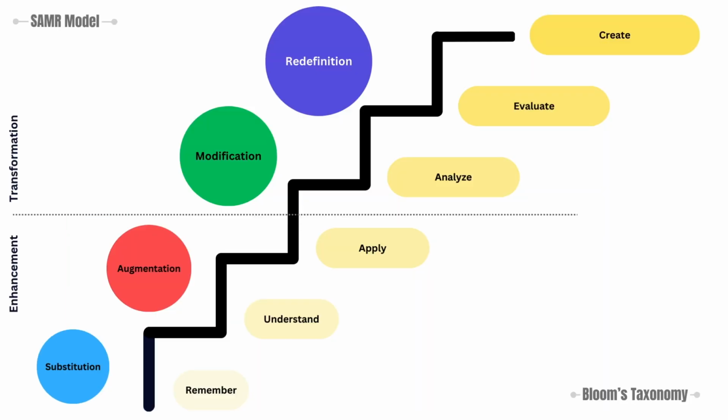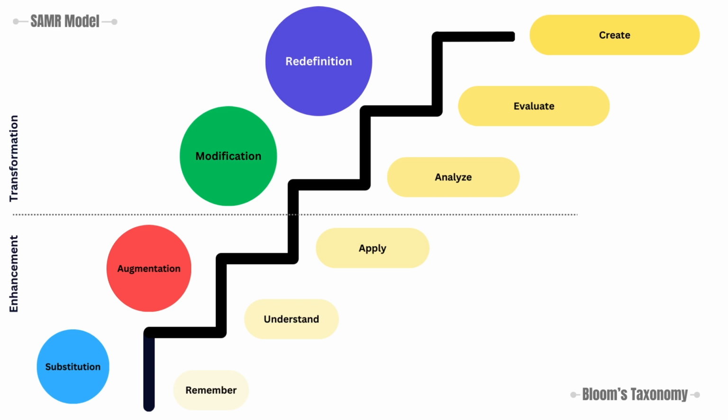As we explore ways to elevate learning, it's helpful to see how the SAMR model aligns with Bloom's taxonomy. Each model offers different but complementary perspectives on enhancing learning experiences. Bloom's taxonomy focuses on the cognitive processes that students engage in as they learn.